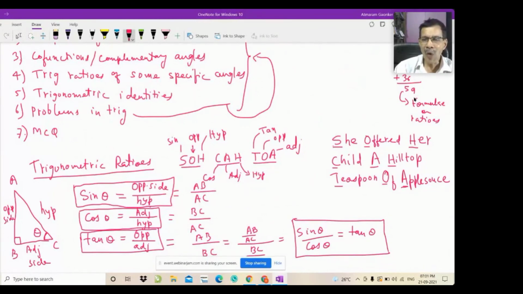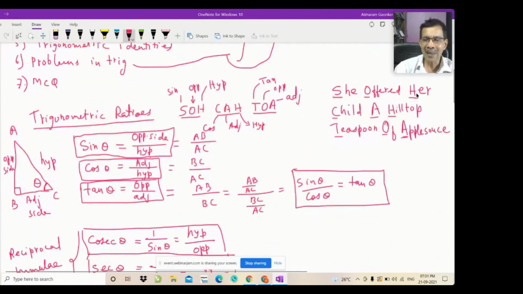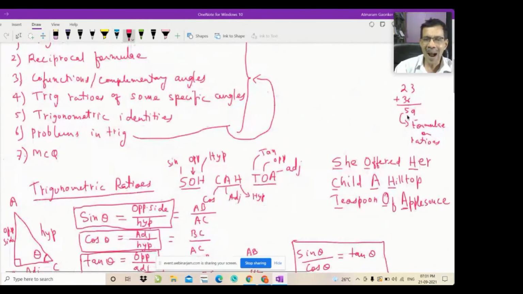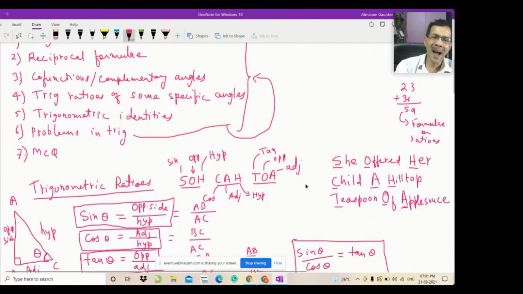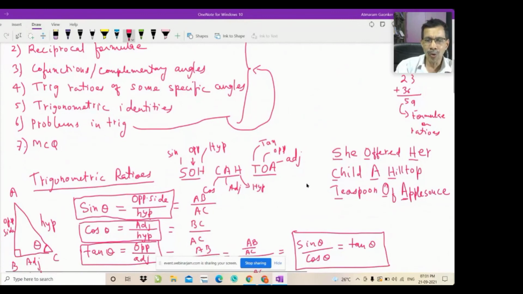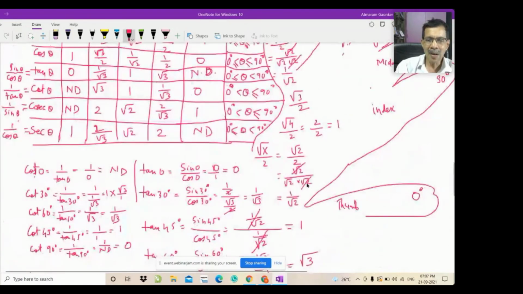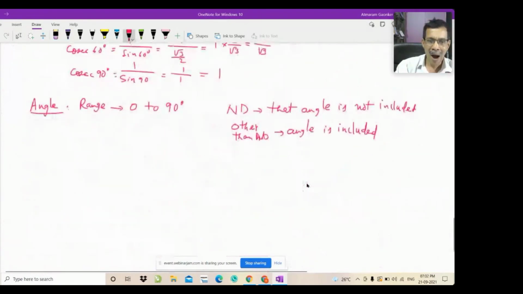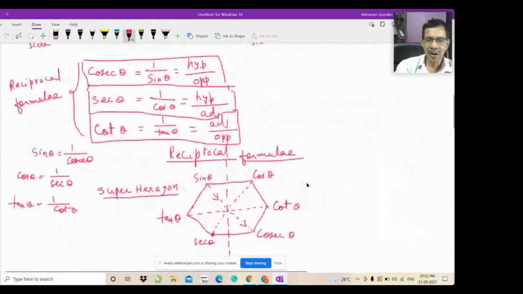But so far we have discussed, you see, only 9 parts are remaining. So 9 formulae remain to be explained. Out of 59, for 50 parts I have explained how to remember them. Only 9 formulas remain to be explained, as to how to remember them using the techniques which I am telling you.